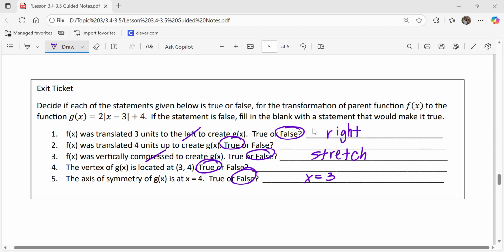So this would be shifted 3 units to the left, 4 units up. It is a reflection over the x-axis, and it is a vertical stretch because the absolute value of A, which is a positive 2, is greater than 1, as it says down here.